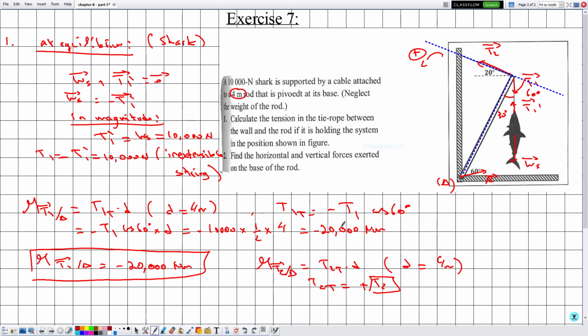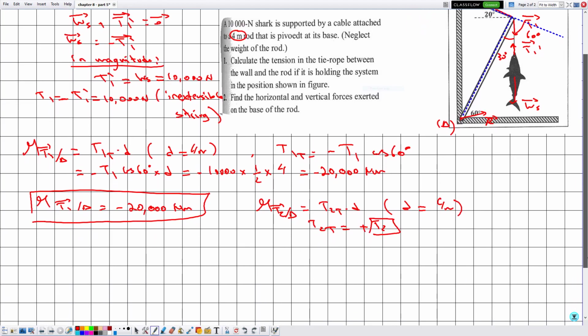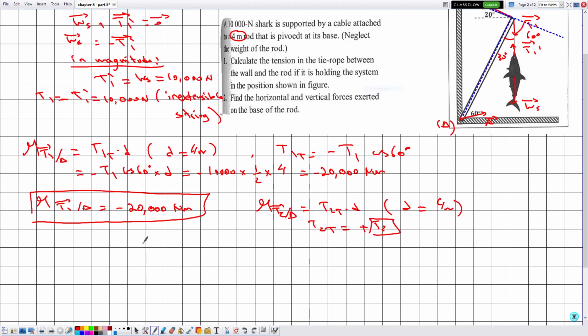No need for any projections. Now let's fit both quantities in the rotational equilibrium of the beam.